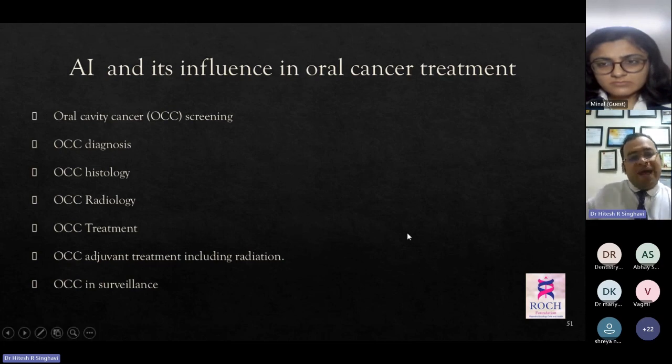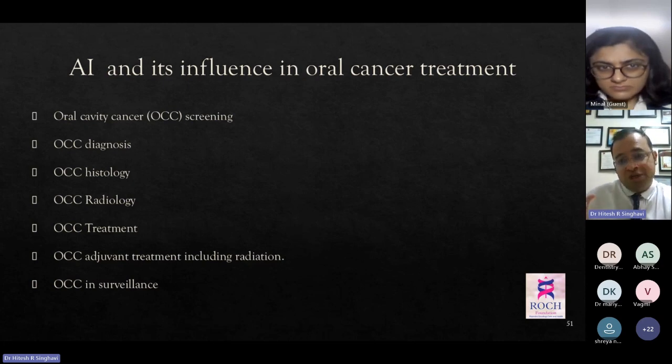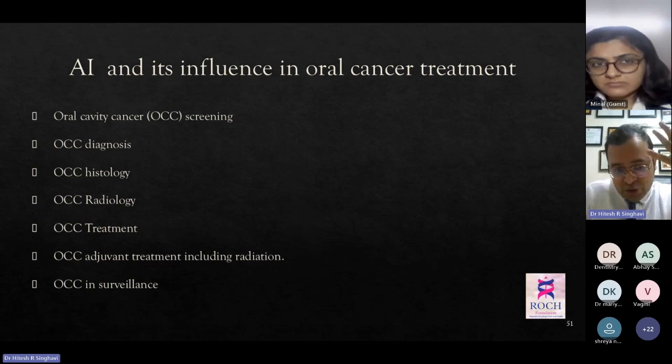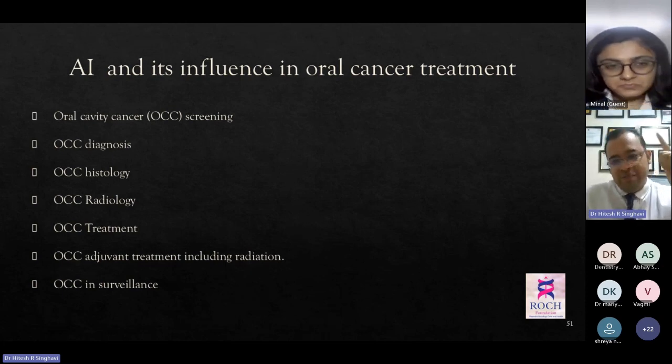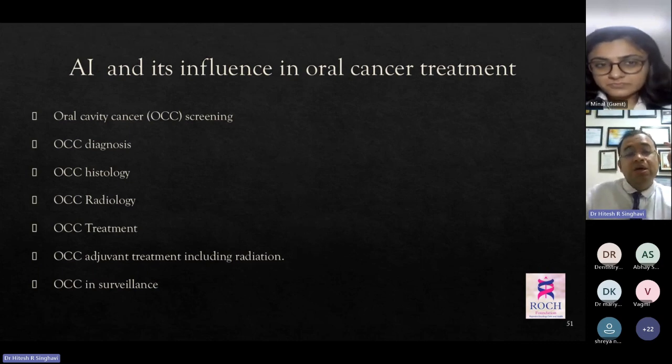It can influence diagnosis, screening, histopathological reporting, radiology, that is imaging, CT scan, MRI, IOPA, OPG, and treatment as well. Yes, oral cancer surgery as well. It will take some time, but yes, it can influence. Adjuvant treatment, including radiation planning, I'll come to in the later slides.